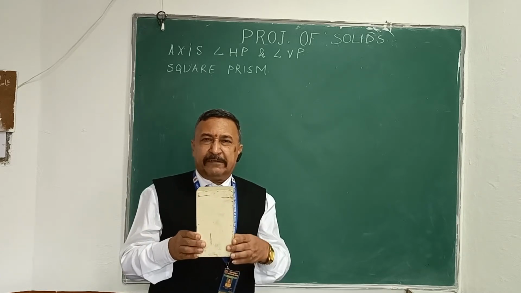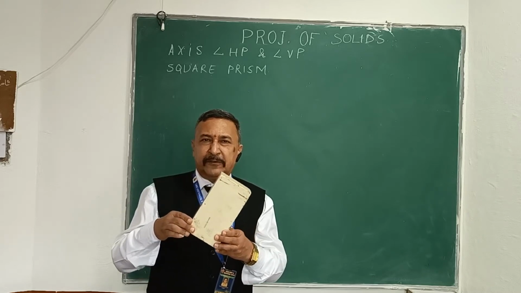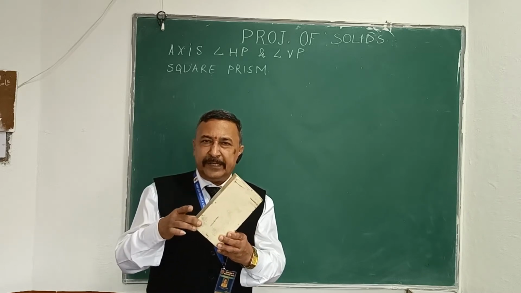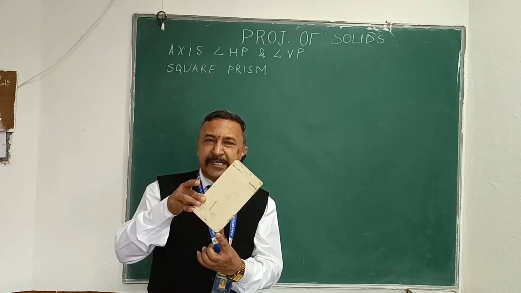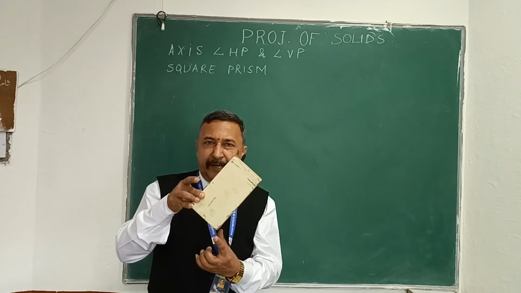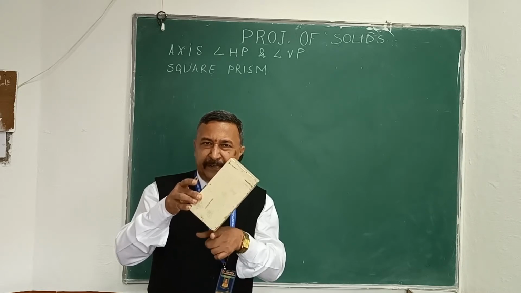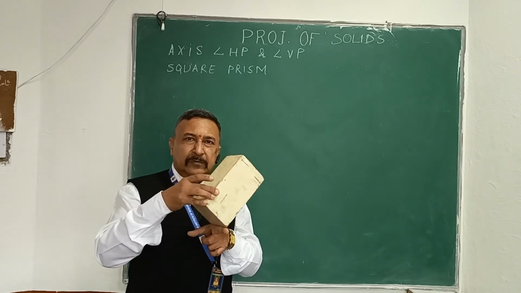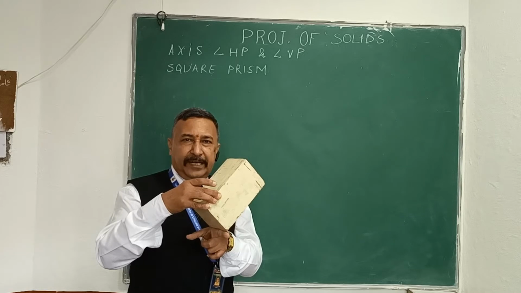Actual position is given that axis is inclined to one of the reference planes, suppose HP, and then the edge on which it is resting, or the edge which is perpendicular to VP, is inclined to VP, means from another plane.